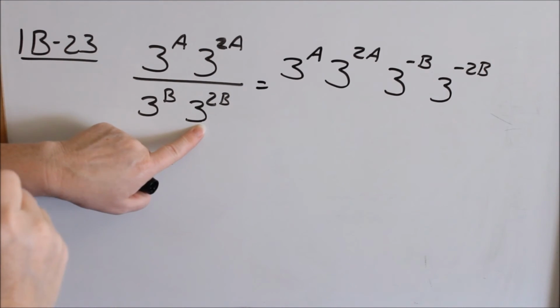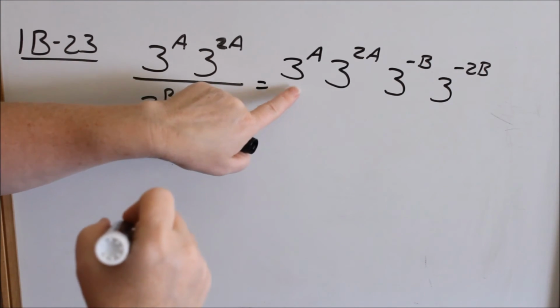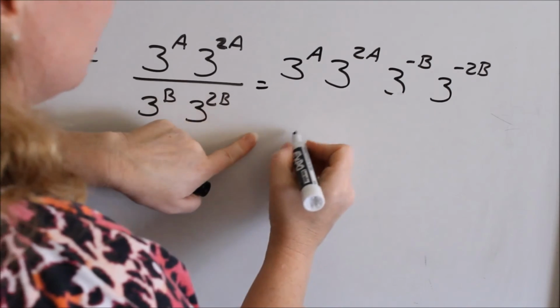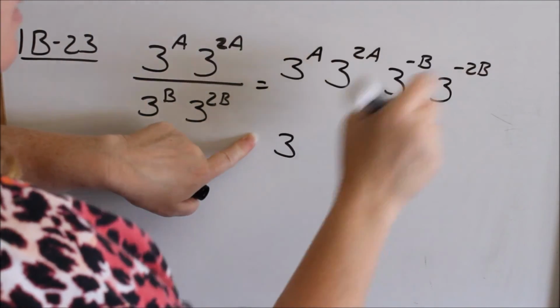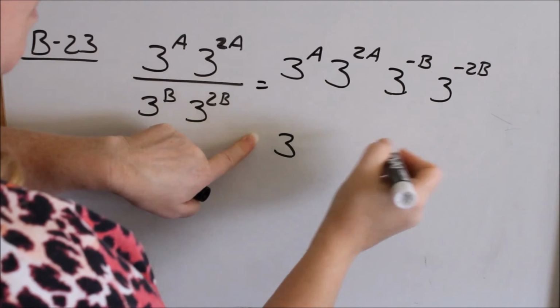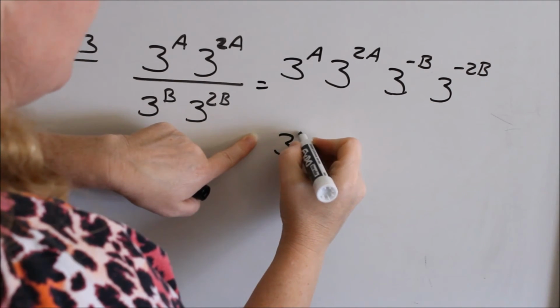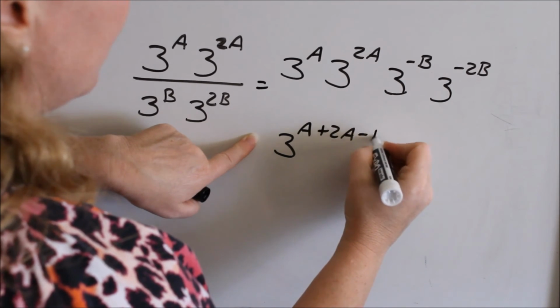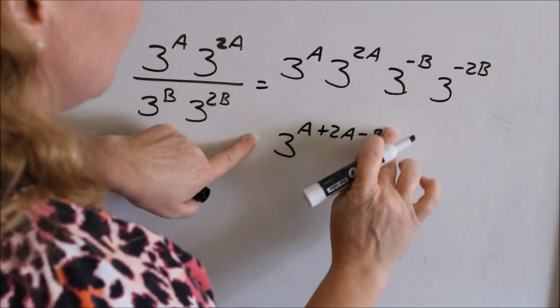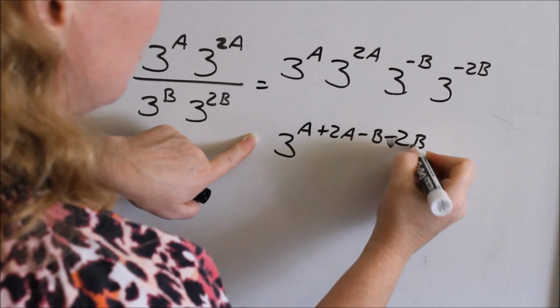Now we're adding. You can only add like terms. We have the same base. Since we are multiplying, that's why we're adding the exponents. Everything is multiplied, so we're adding the exponents. We got 3A plus 2A plus a negative B plus a negative 2B.